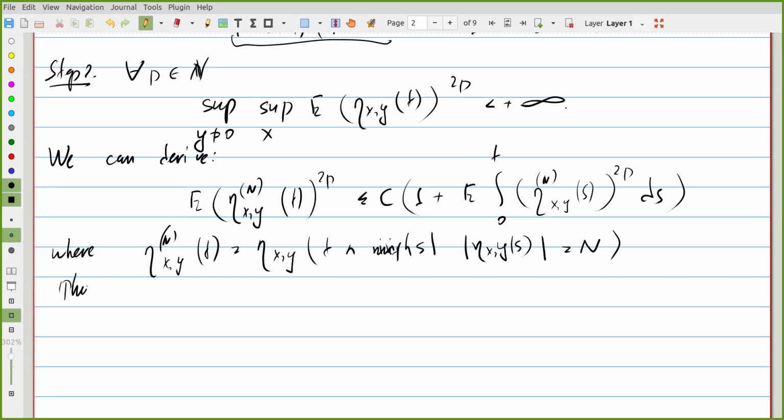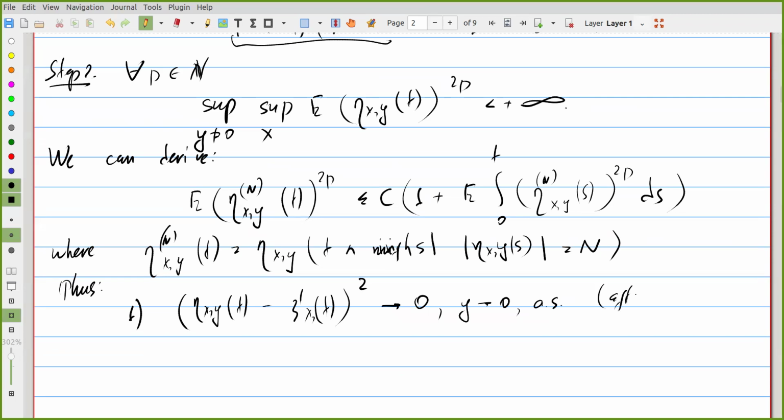Thus, we establish two facts. Firstly, this squared goes to 0 almost surely after choosing proper modifications of our processes.